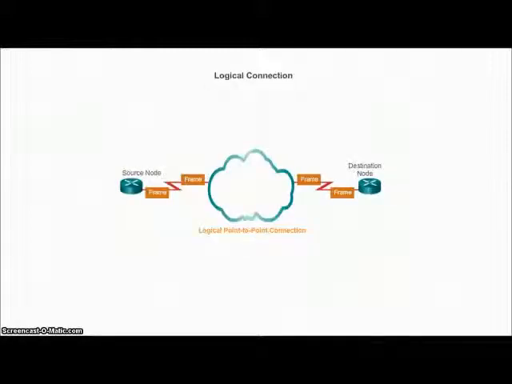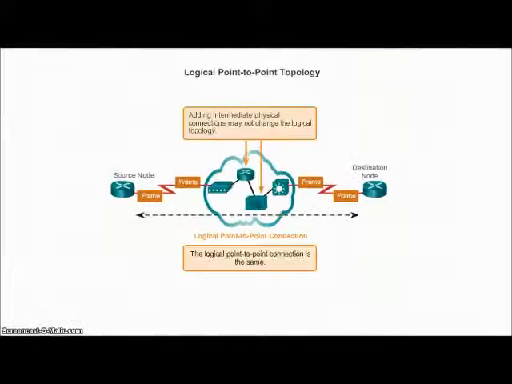Now, the end nodes communicating in a point-to-point network can be physically connected via a number of intermediate devices. However, the use of physical devices in the network does not affect the logical topology, as we can see right now. As shown on screen, the source and destination node may be indirectly connected to each other over some geographical distance.